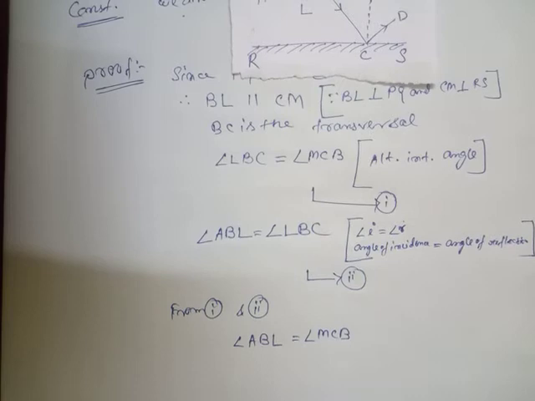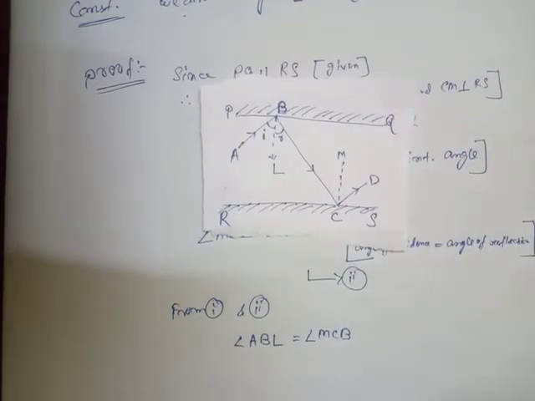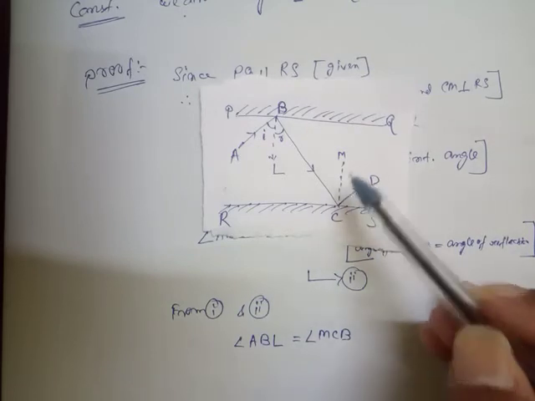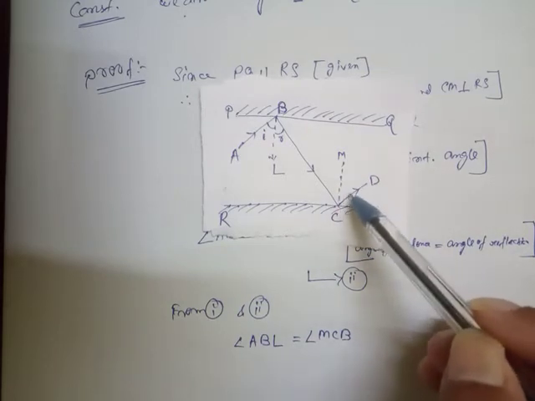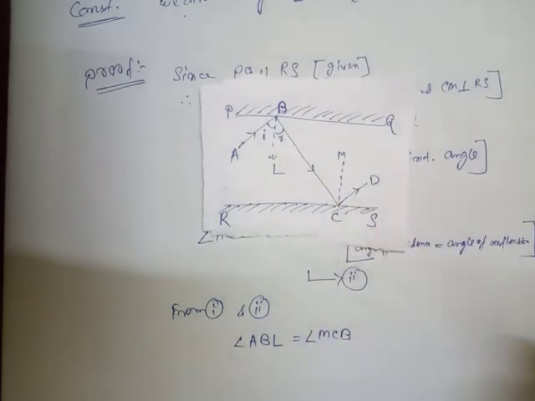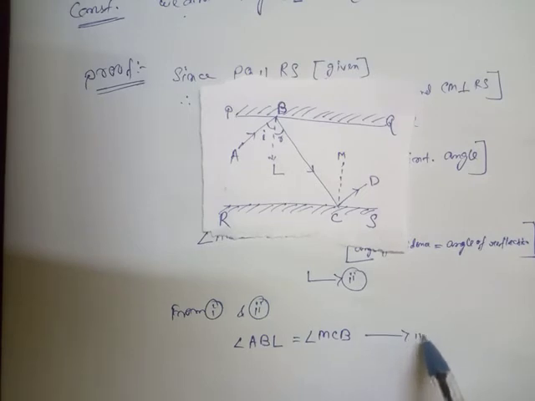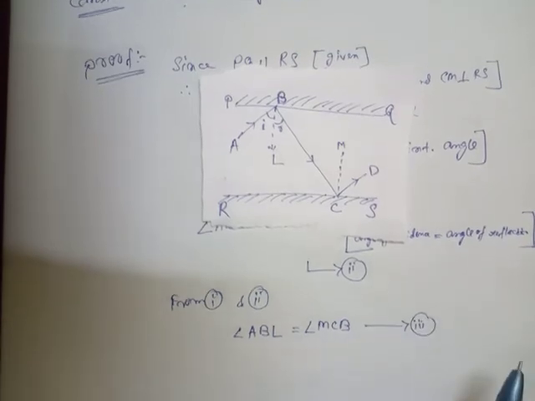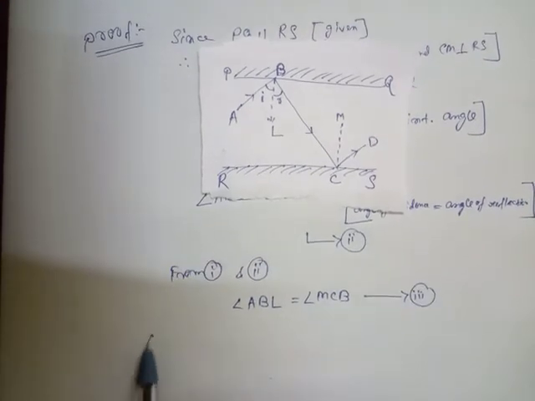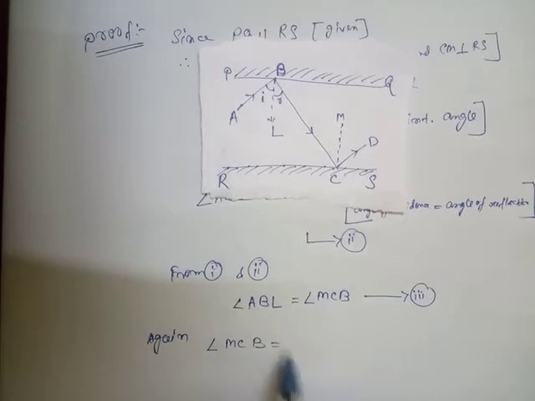Now again from the diagram, if we take this part, this is angle of incidence and this is angle of reflection, so MCB equals MCD again. Taking this one as our equation number 3, angle MCB equals angle MCD.